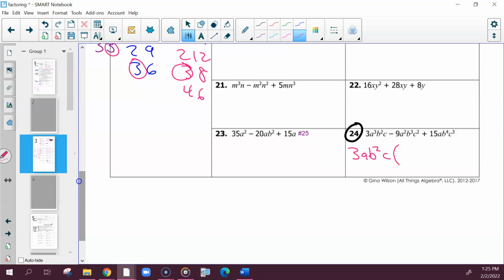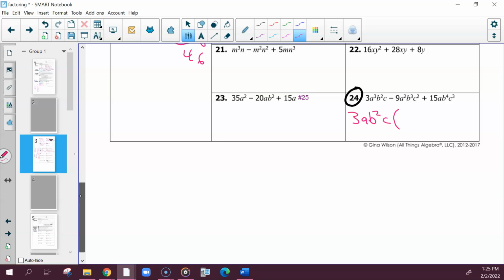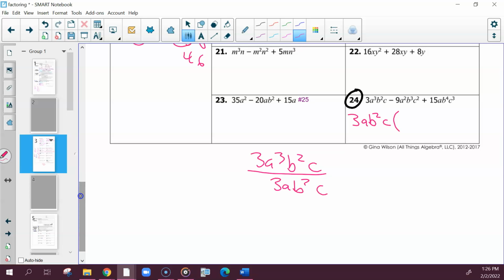And let's divide. When we divide, what's left? And if you need to, when it gets to more variables, go back to actually writing it and then dividing it. Do that so it helps you see what's left.